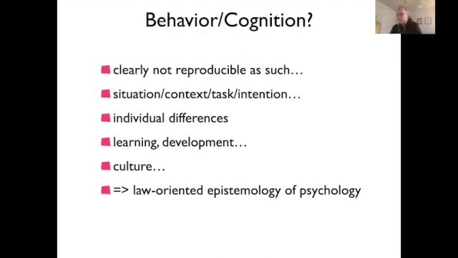And it's task, intention, situation, context, individual differences, learning, development, ultimately even culture, all of those contribute to that non-reproducibility, because they introduce dependencies on things that are not lawful, that are not constrained. You have to have a theory of all possible environments, of all possible tasks, and so on to reproduce behaviors.